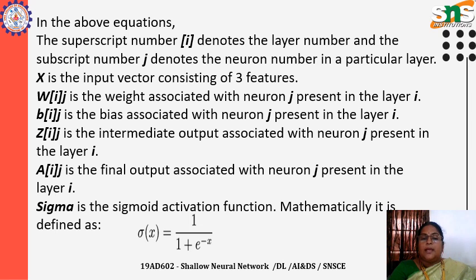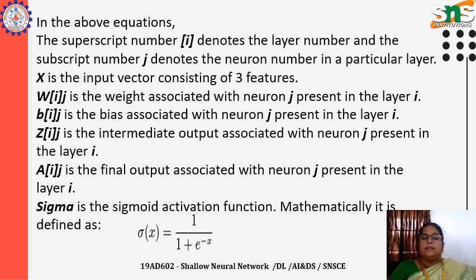The superscript i denotes the layer number, the subscript j denotes the neuron number, and x is the input vector, which has the 3 features. We know that w of i,j is the weight associated with neuron j present in layer i. b of i,j is the bias associated with neuron j in layer i. z of i,j is the intermediate output associated with neuron j present in layer i.